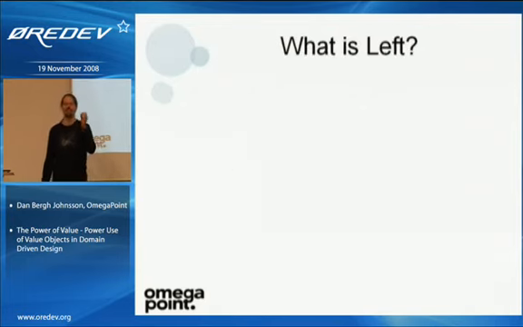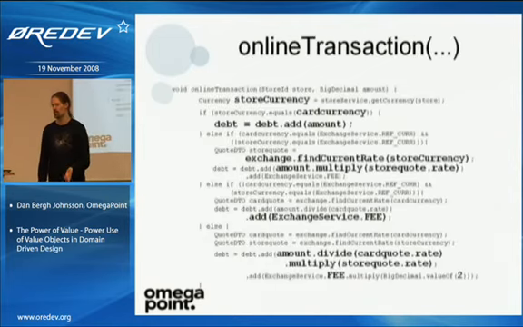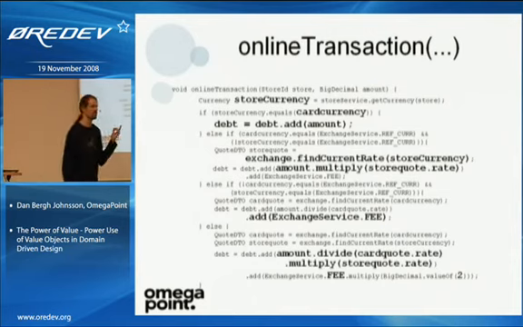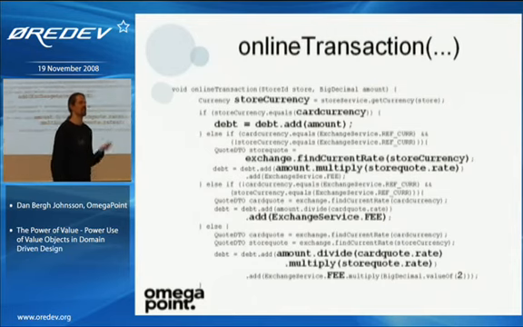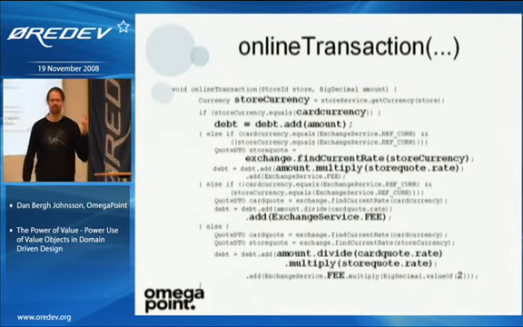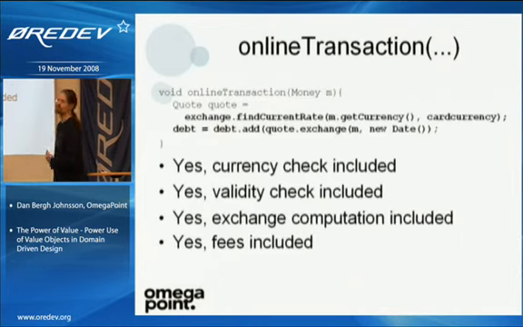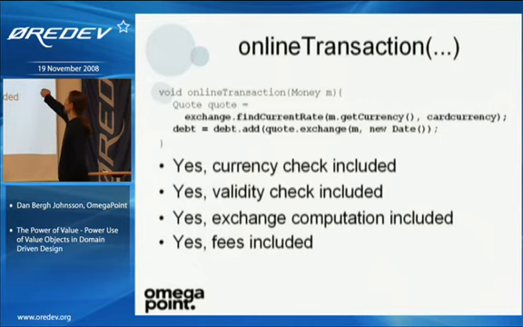So what is left in the entity? You remember this big method? What is left in the entity? Get the appropriate quote, use that quote to exchange the money using this day, add it to the debt.